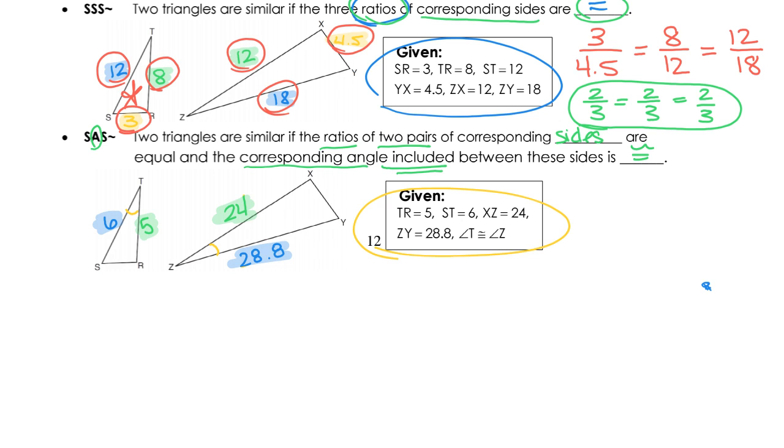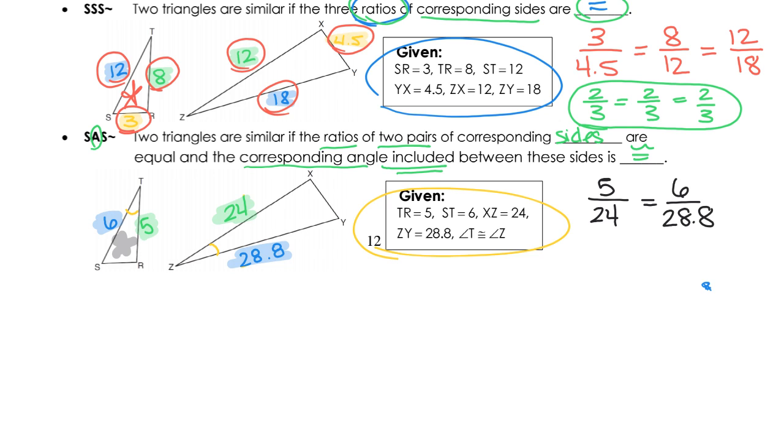All right, let's go ahead and compare them. Again, it doesn't matter which triangle side you start with. I'm going to start again with the small one. All right, and I'm going to take the 5, and I'm going to compare it to the 24 from the big one, and then I'm going to go back to the small one, grab the 6, compare it to the 28.8. All right, grab your calculator, and we're going to type these in.